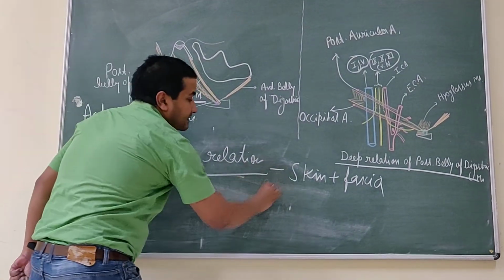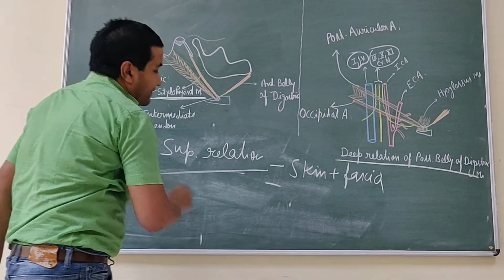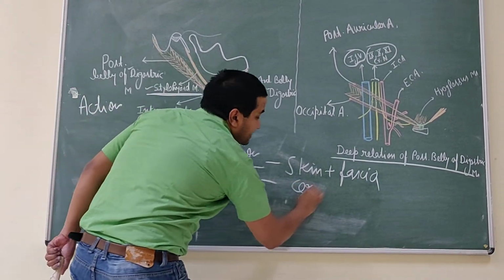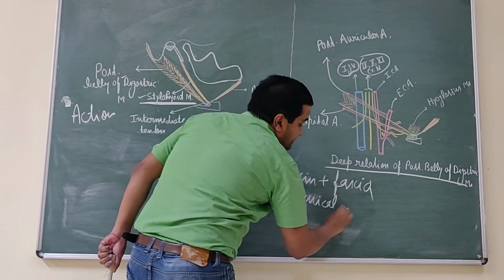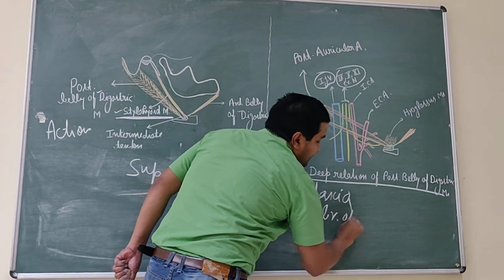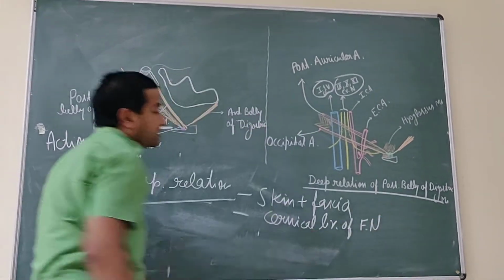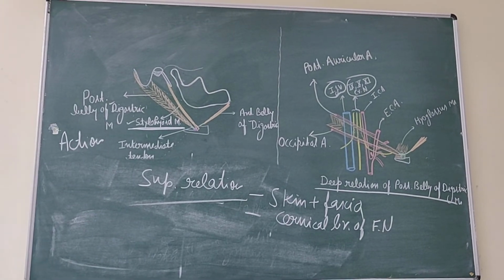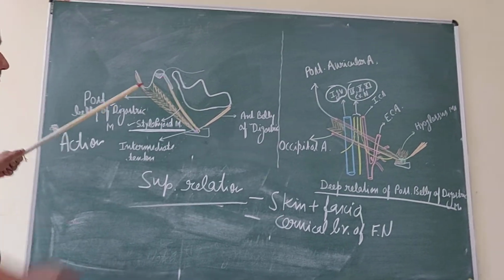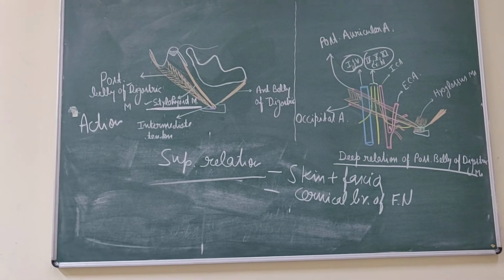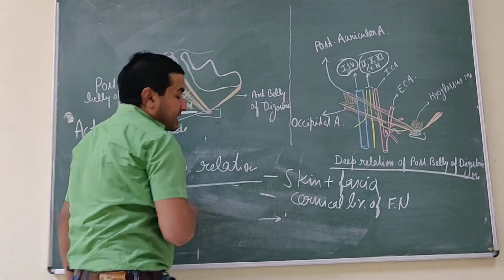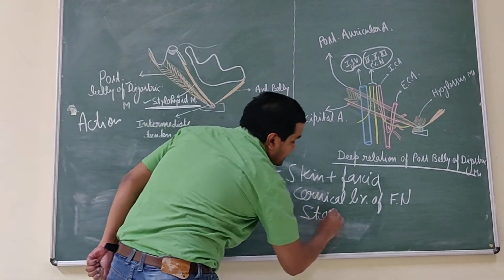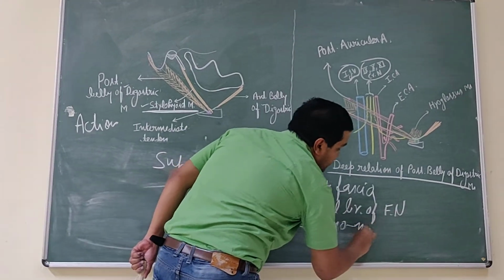Then there is a branch of the facial nerve, that is the cervical branch of the facial nerve. It is present in this fascia, and this cervical branch supplies the platysma. Then it is superficially covered by the sternomastoid muscle.